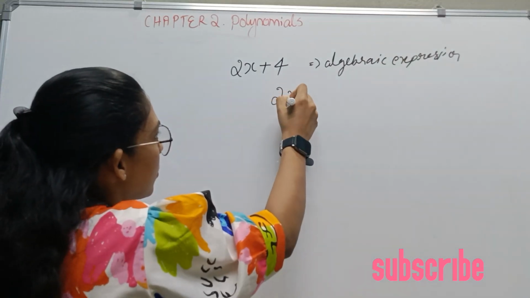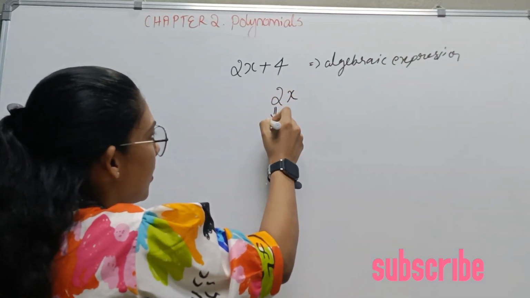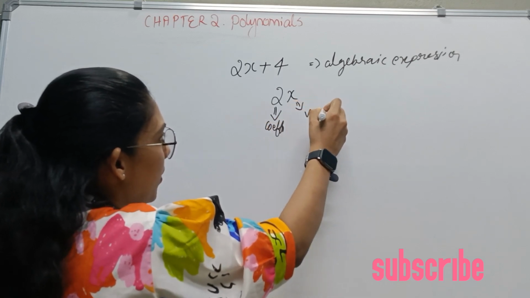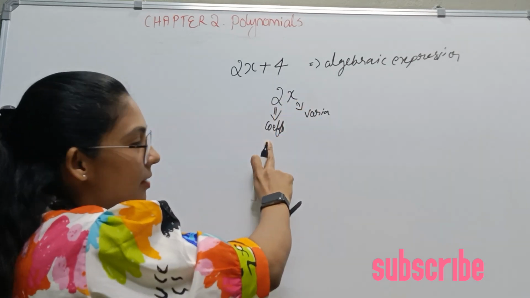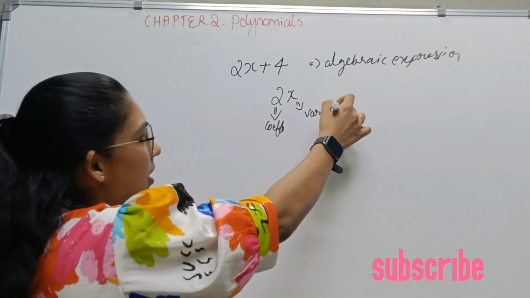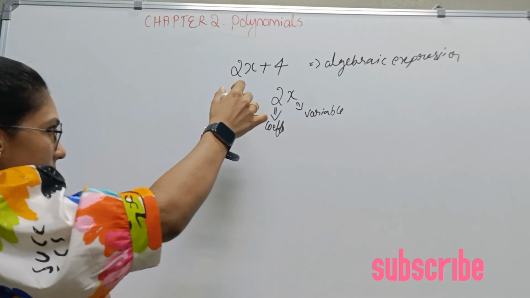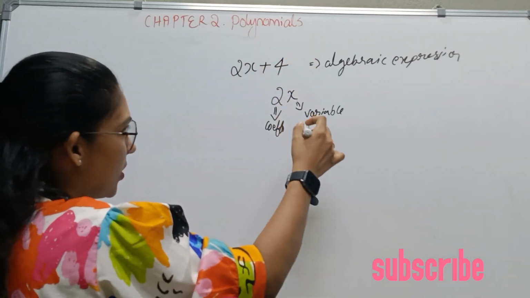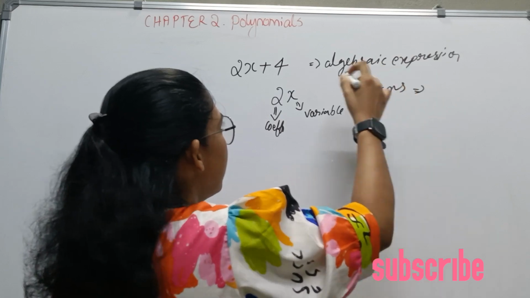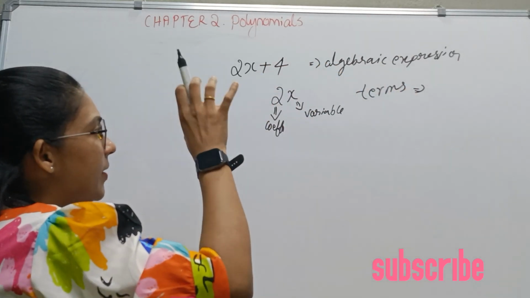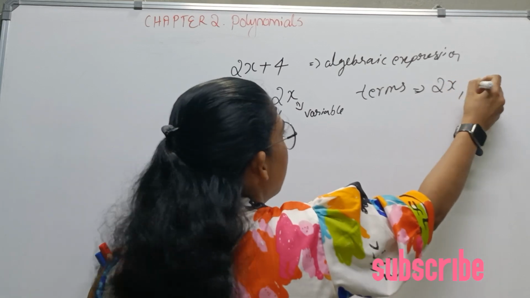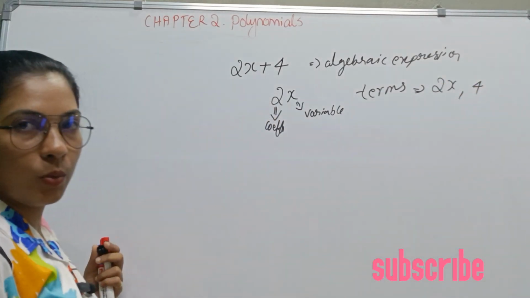So here in 2x, this is the coefficient and this is the variable. The number part is considered as the coefficient and the alphabetic part is considered as the variable. In this algebraic expression, there are 2 terms. By using the addition sign, we separated the 2 terms, that is 2x and 4.